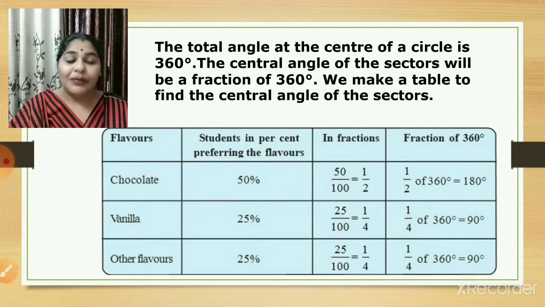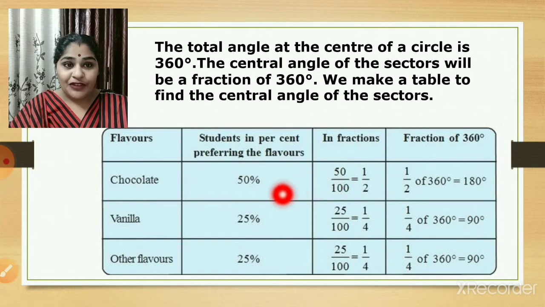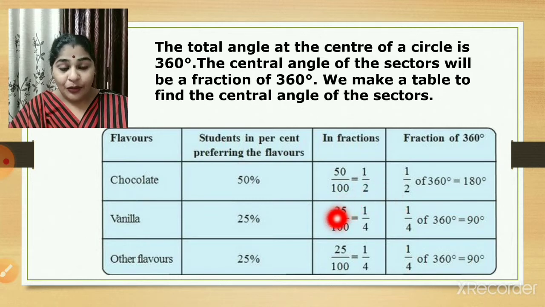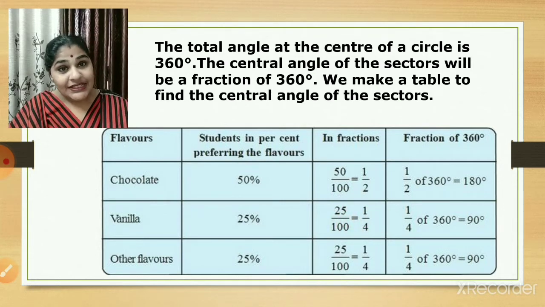That example also I'll show you, not to worry. So let us concentrate on this. 50% is written as 50 upon 100, which is equal to half, that is 1 upon 2. 25 upon 100 is nothing but 1 upon 4. 25 upon 100 is again 1 upon 4. Fractions, you have to write in the simplest form. So this is the first step.